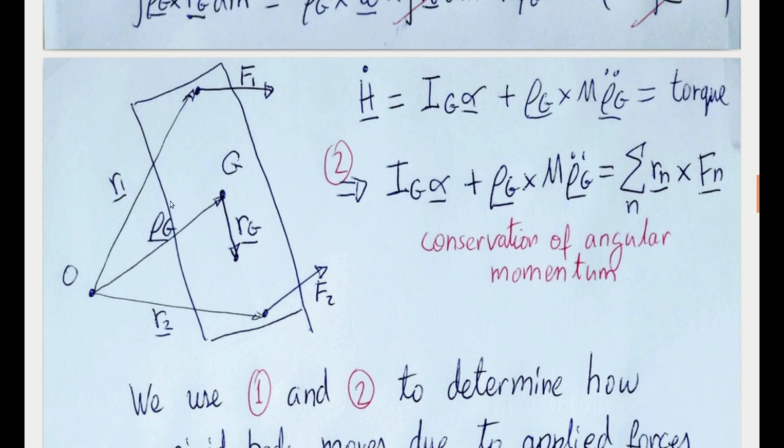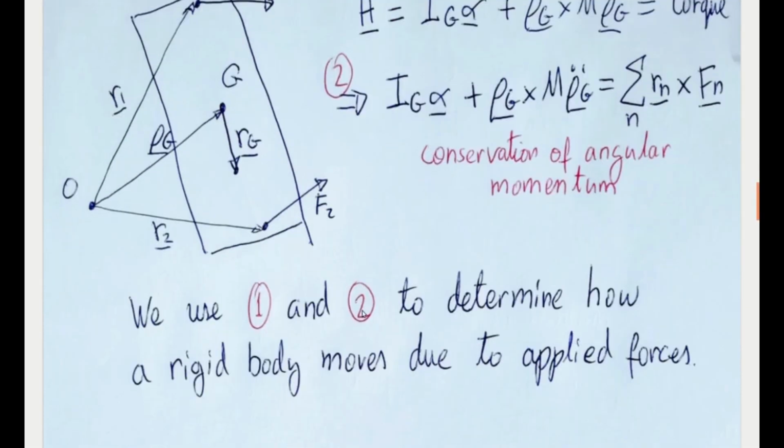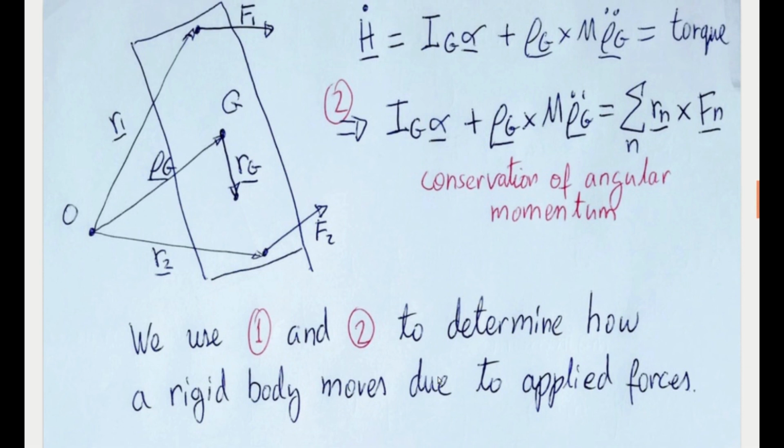So if you're just looking at the conservation of angular momentum of a body around its center of mass, rho G would be 0, and you just have an easier expression: the moment of inertia times its angular acceleration equals the torque. Okay? So we use equations 1 and 2, 1 being the conservation of linear momentum, or Newton's second law, and 2 to determine how a rigid body moves due to applied forces. Okay? That's the most important thing you need to take out of this.